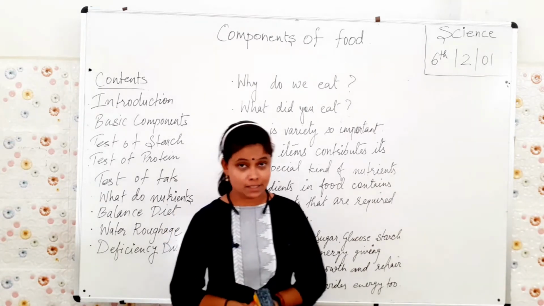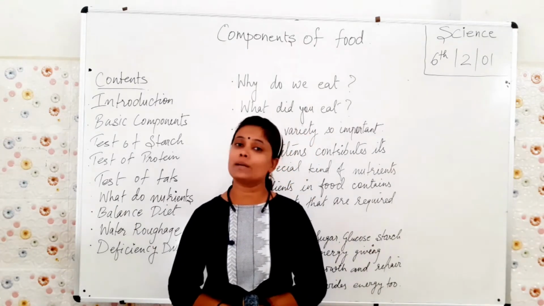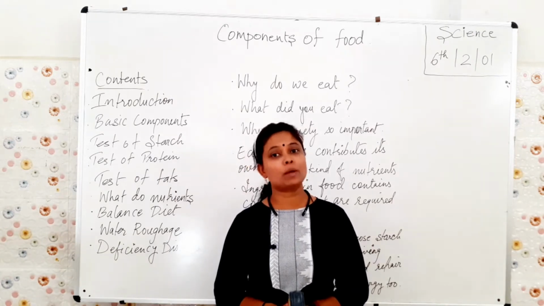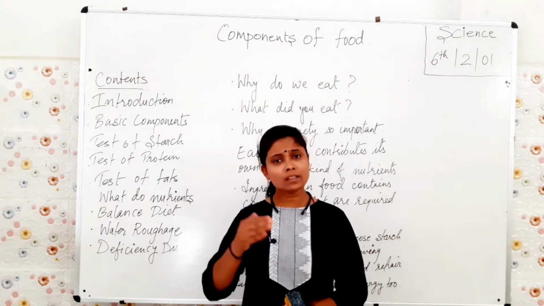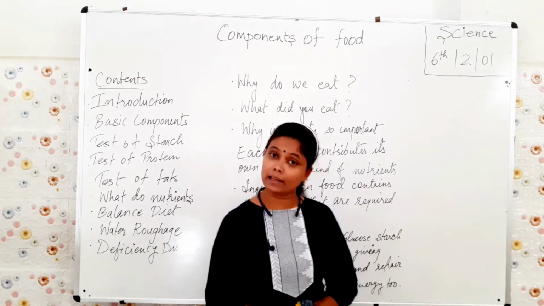In that test, you should always sit with a notebook. You should write and then do the practical, but be very careful. These are the processes which we are going to study today.